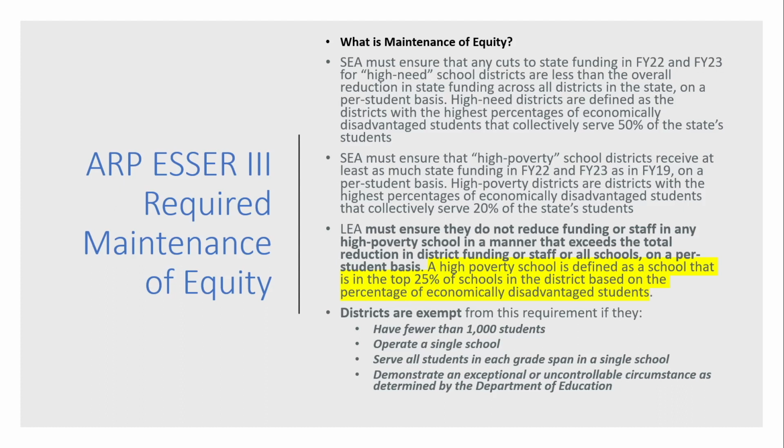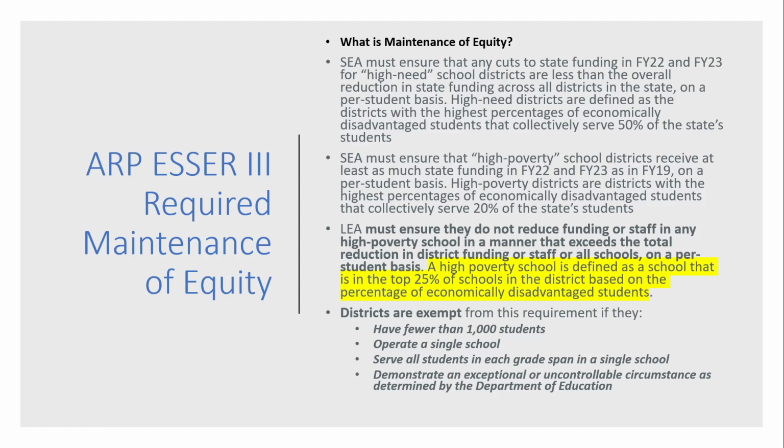So one of the pieces that Ms. Dunpray was just describing was the maintenance of equity. We have to rank all of our schools based on their percentage of poverty, the percentage of students that we serve at that particular building that are in poverty. We're familiar with this because we do the same thing for Title I. However, all of our schools are school-wide, but we still evaluate their individual percentages.